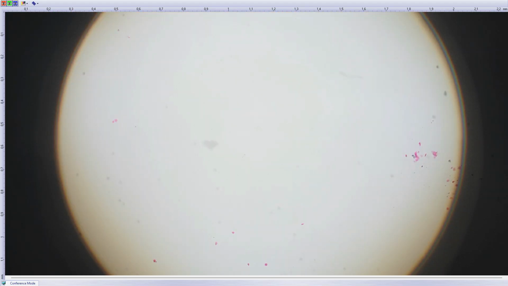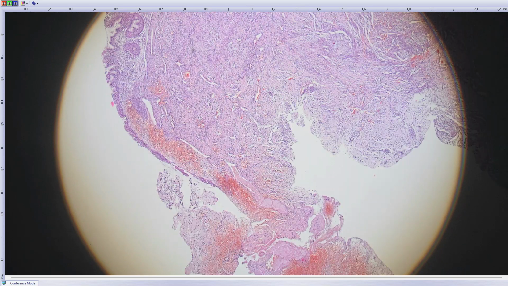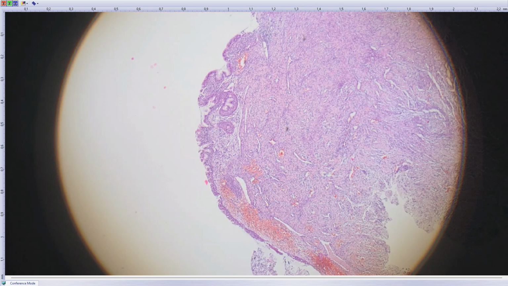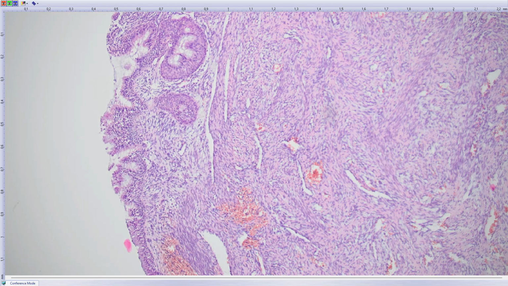Another case is head and neck soft tissue pathology. This is a case of a middle-aged female, and she had a tumor in the nasal cavity. You can see this respiratory epithelium.